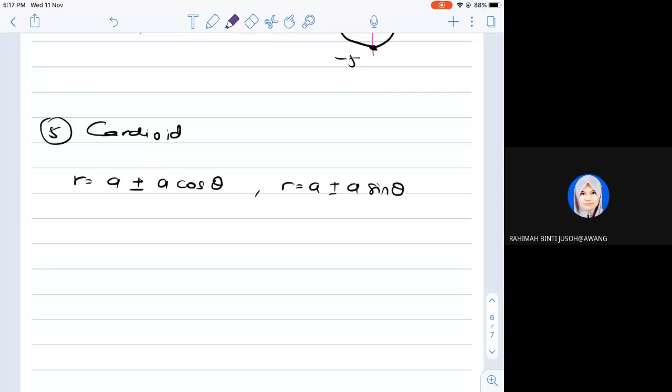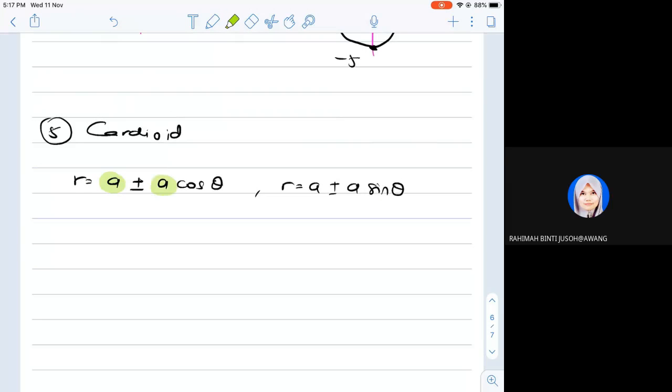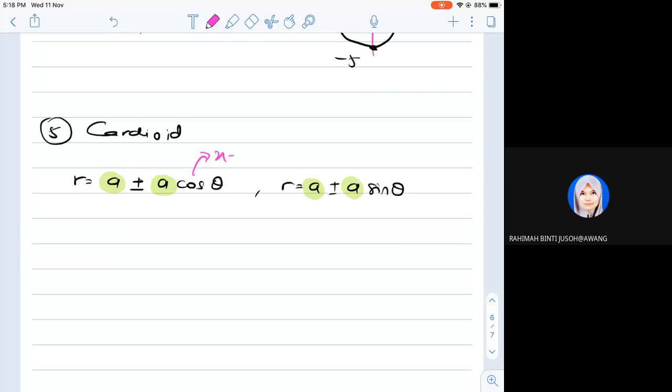Okay, if you notice here, the value here should be the same. Kalau sini 3, sini 3, dia akan jadi cardioid. Kalau tak sama, dia akan jadi limacon. Okay, if the values here and here are the same, we call the graph a cardioid. Sama juga, the same thing happens here. Kalau cos x-axis, okay, if sine should be y-axis.